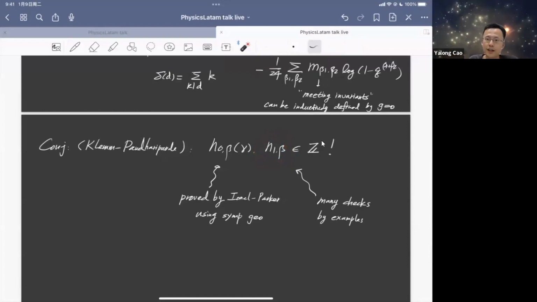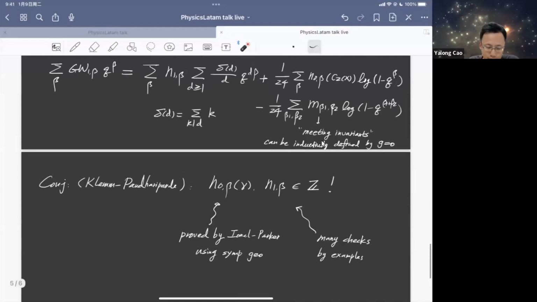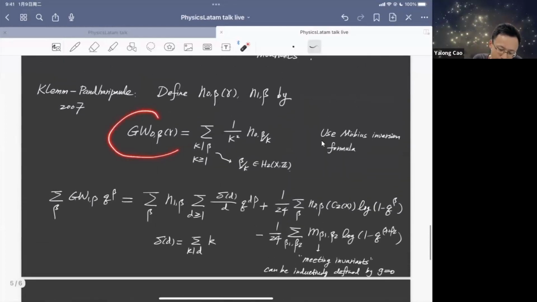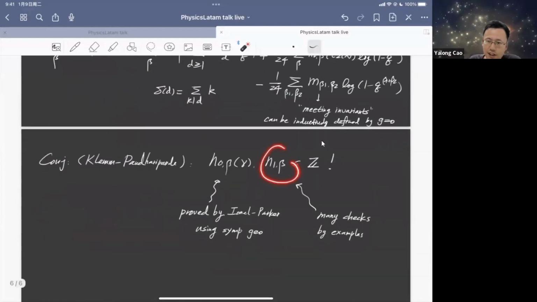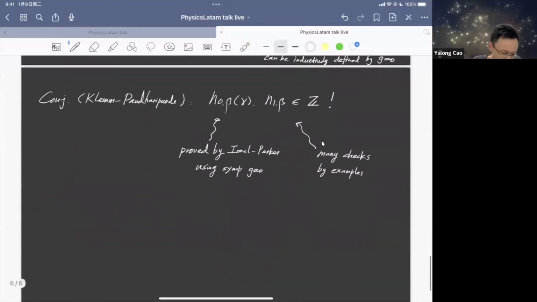Through either torus localization or mirror symmetry, you can find out the Gopakumar-Vafa invariants in many examples. Then you just plug into this formula and you see they are integers. So there are many checks of such things. In this talk, I will call these two series of numbers Gopakumar-Vafa invariants.